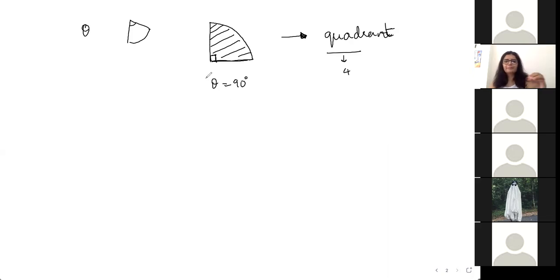Next, if theta is 180 degrees, the two radii together basically become a straight line.